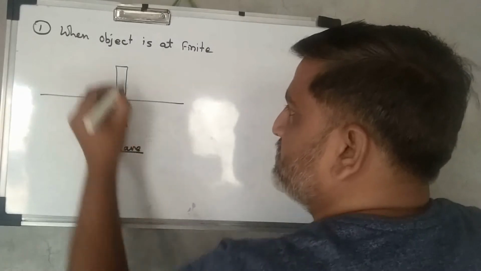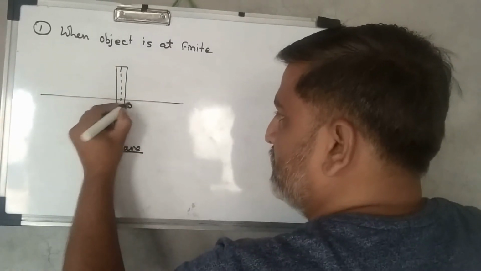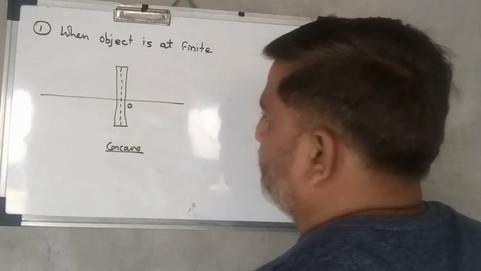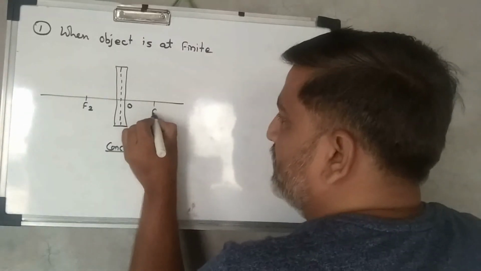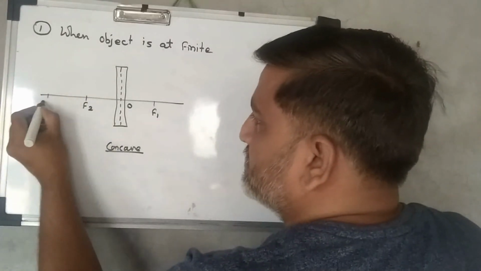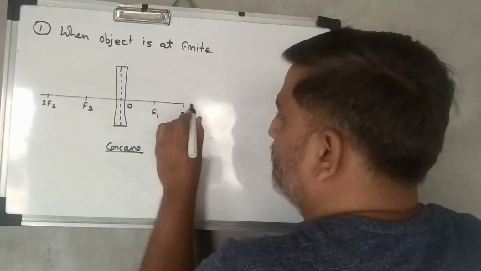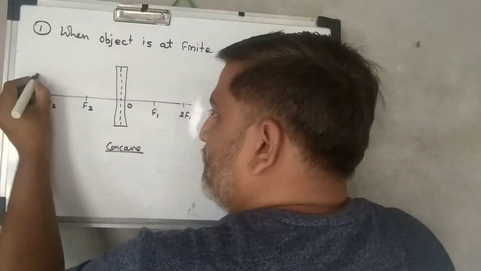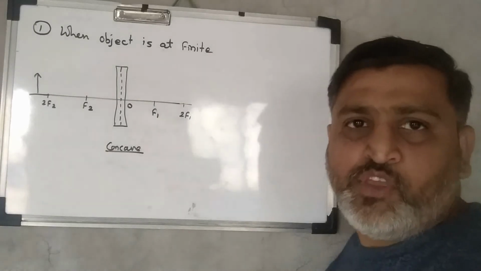This is the principal axis; the intersection of the principal axis and the principal section is the optical center. Here the focus f2, here say f1 is the focus, here we can say 2f2, and here 2f1. Now, assume that the object is anywhere, say beyond 2f2.